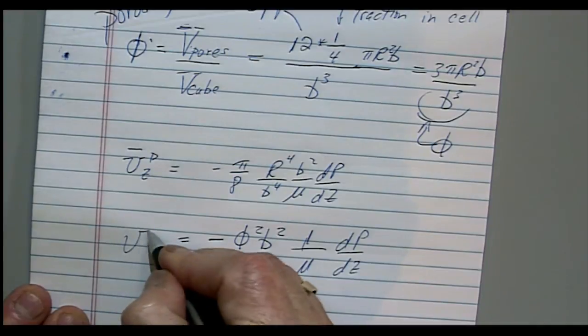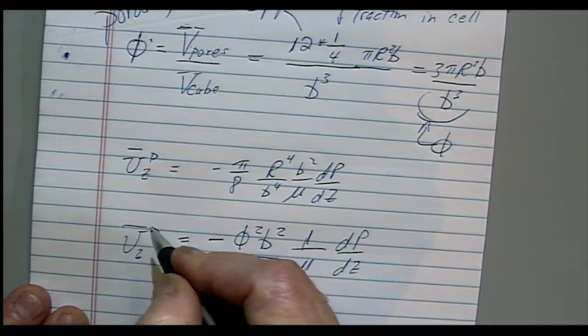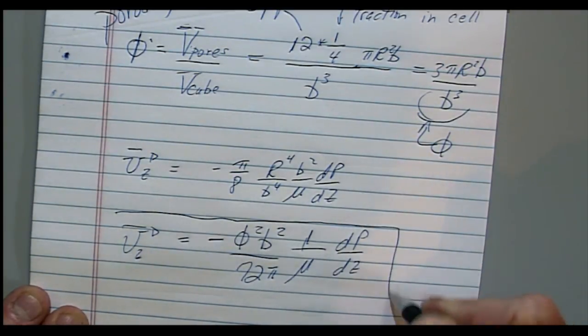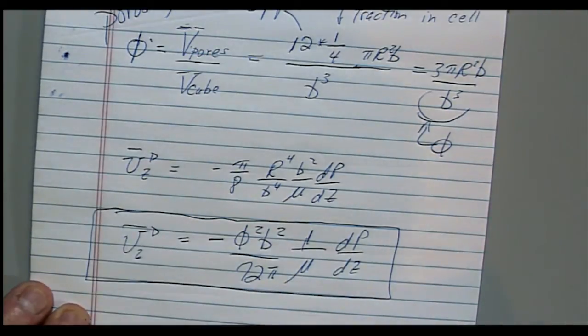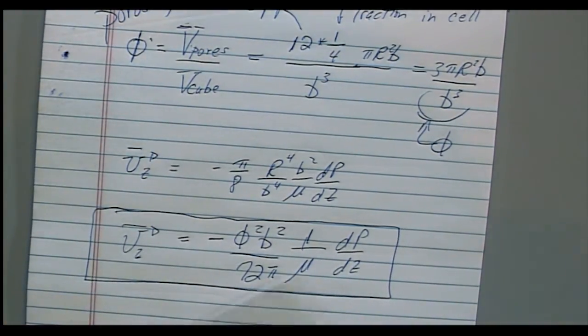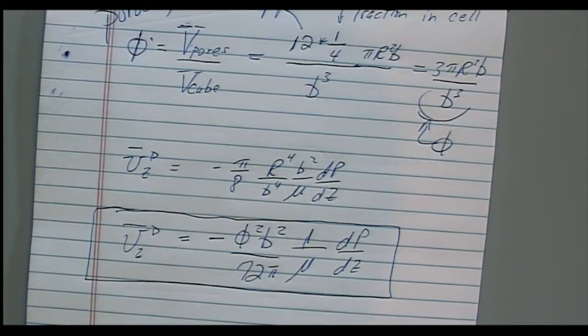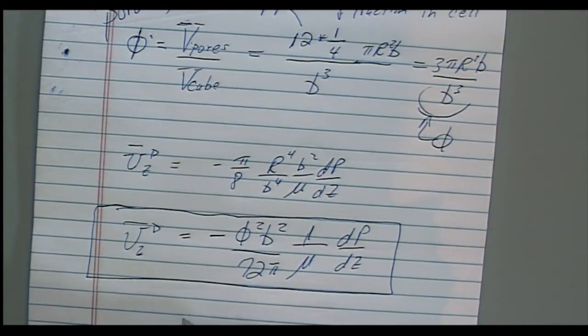All right, so that's the Darcy velocity for a very special geometry. And we'll look at other geometries in class. But that's for the case where we have this cubic network of pipes connected to each other. And so this is often written in the form minus k, the permeability, divided by the fluid viscosity times the pressure gradient.